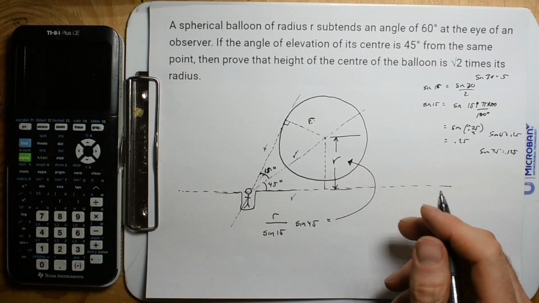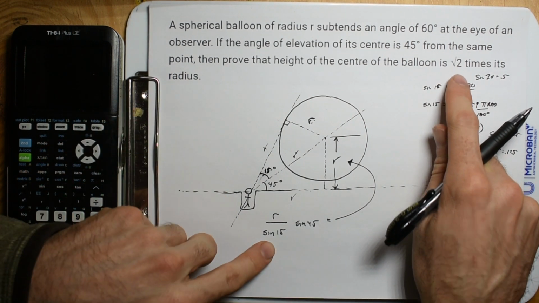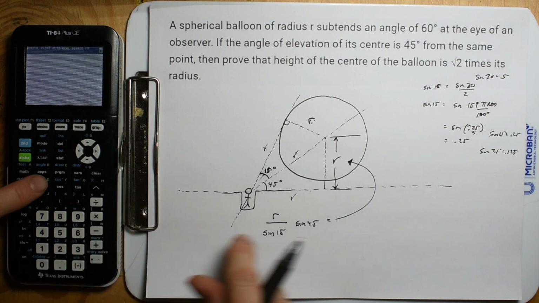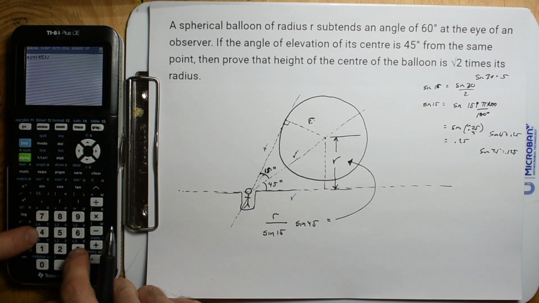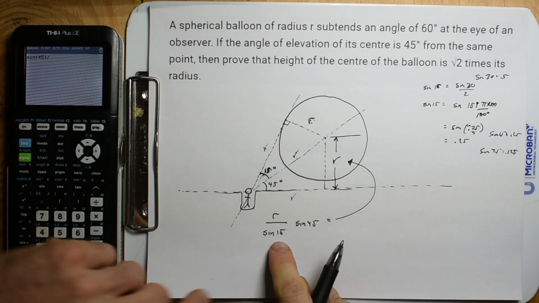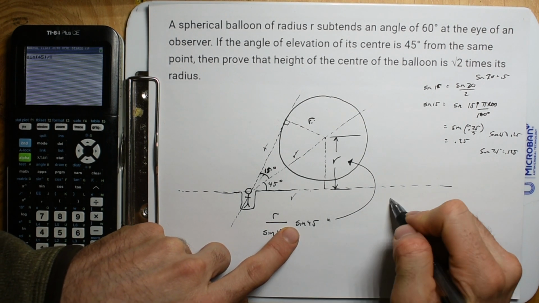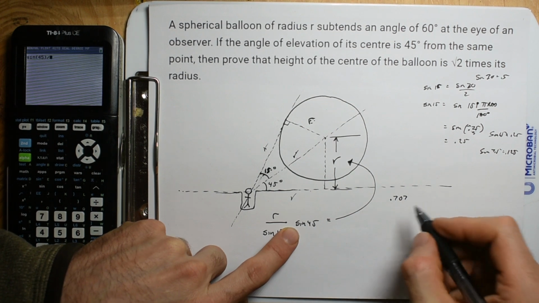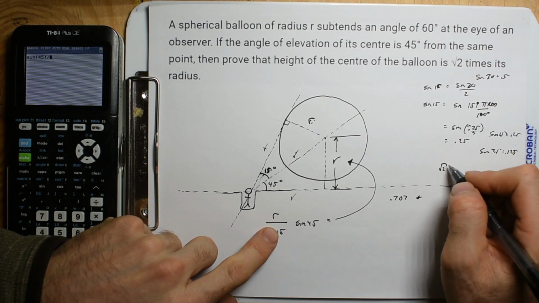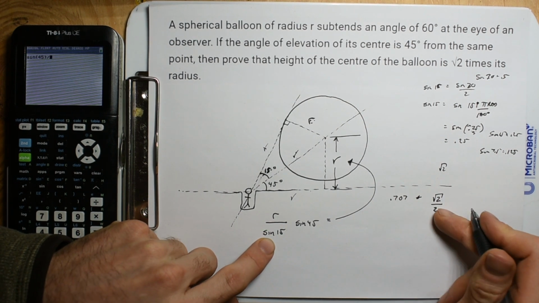But now the question is how do you prove that it's square root 2? So this is where in my calculator, just to make sure I'm not making horrible errors, I do sine 45 divided by sine 15. Now let's slow down, because sine 45 is 0.707 as a decimal. Like I said, I stayed away from square roots, but I do need to know this is square root 2 divided by 2. Cool.